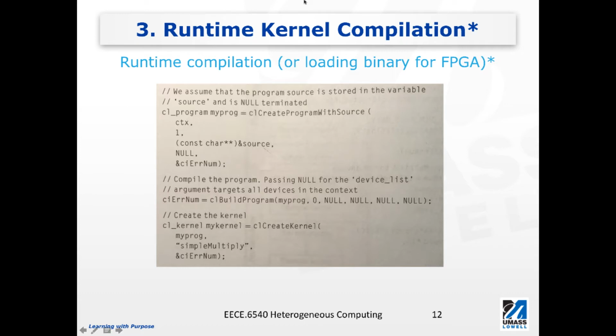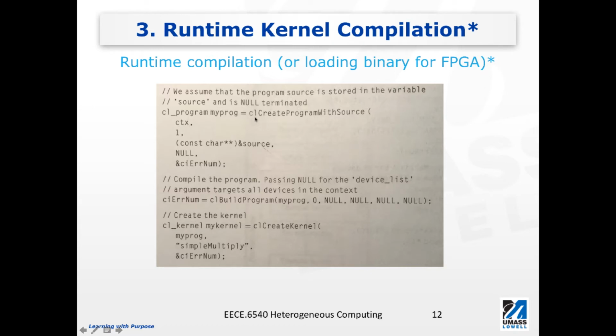In this example, we'll assume that the program source, the source code in the kernel.cl file, is stored in some variable already. And typically the host will allocate a character buffer or character array to store all the source code read from this kernel source file.